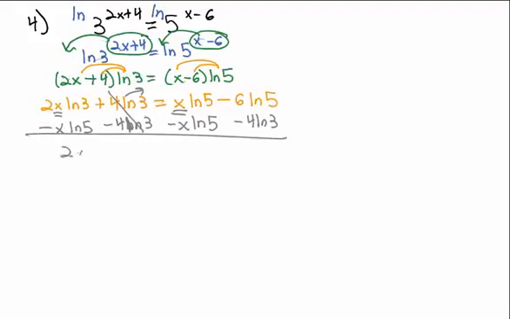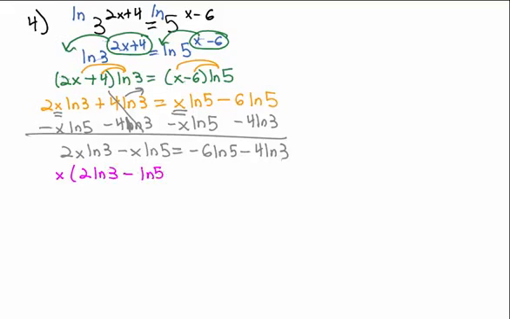So we have 2x natural log of 3 minus x natural log of 5 equals negative 6 natural log of 5 minus 4 natural log of 3. Since we have the x's all alone on one side, we can now factor it out, leaving behind 2 natural log of 3 minus the natural log of 5, still equal to negative 6 natural log of 5 minus 4 natural log of 3.